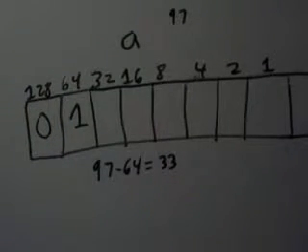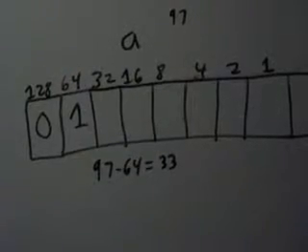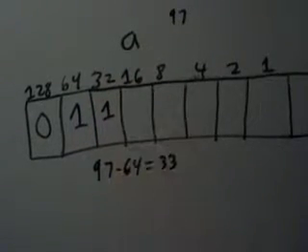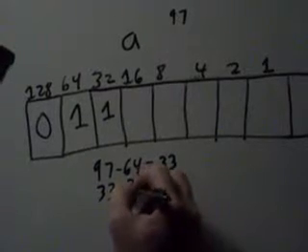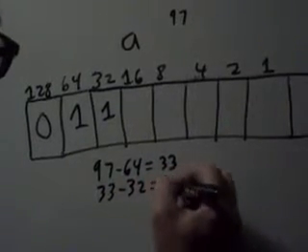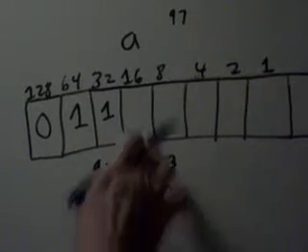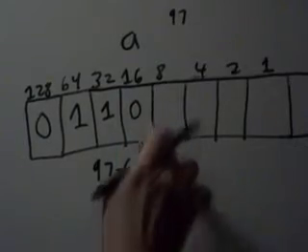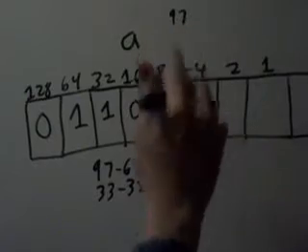Okay. Now the next question is the number 33 greater than 32? The answer is yes. So I'm going to put a 1 right here. Alright. 33 minus 32, of course, is 1. Is 1 greater than 16? No, it's not. Is 1 greater than 8? No. Is 1 greater than 4?